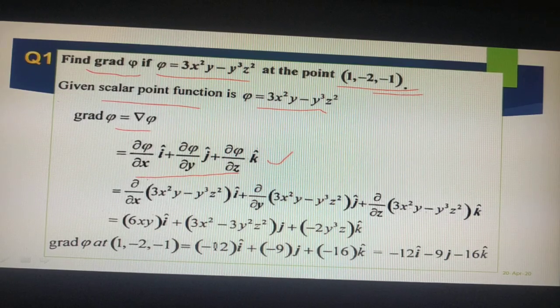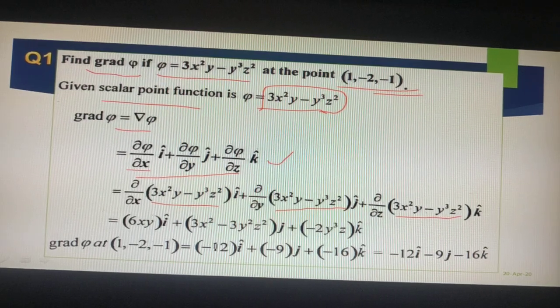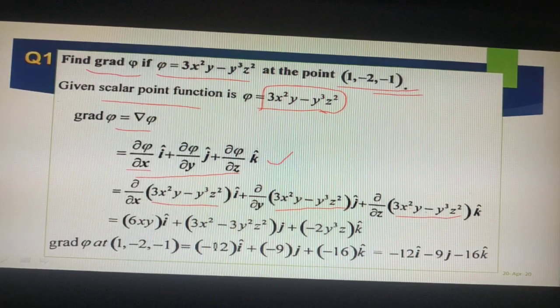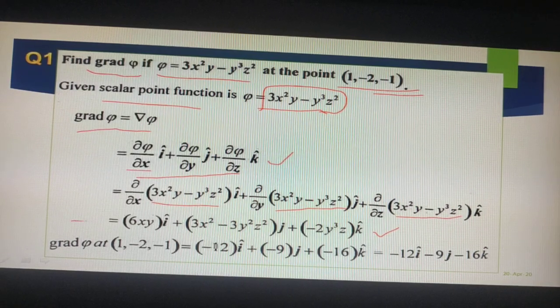So for this phi function, here we differentiate with respect to x, here with respect to y, and here with respect to z. After doing that, we get grad phi in general.